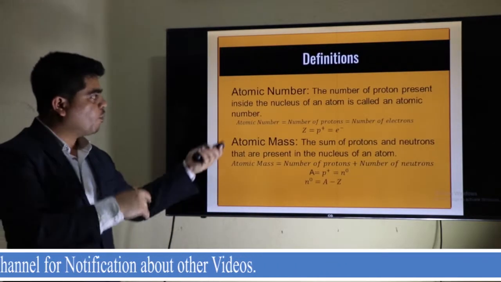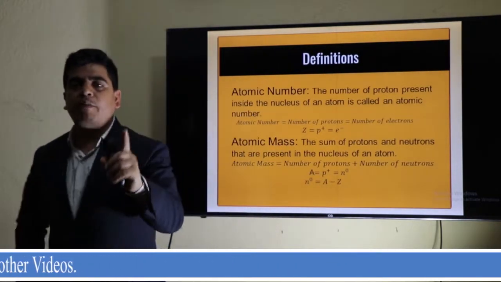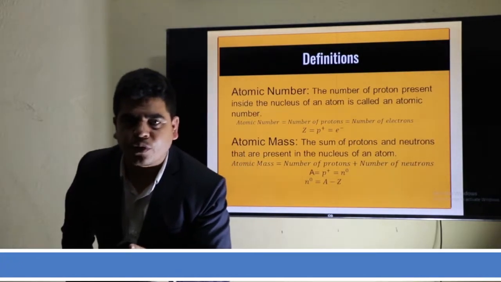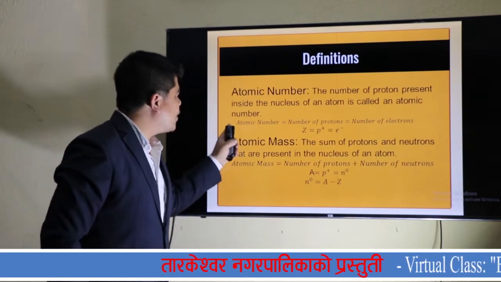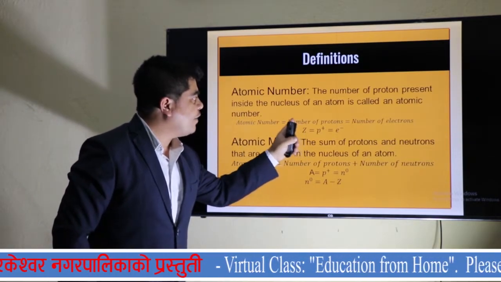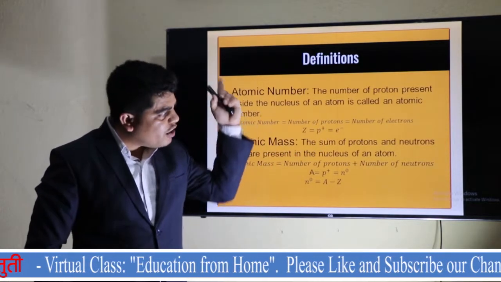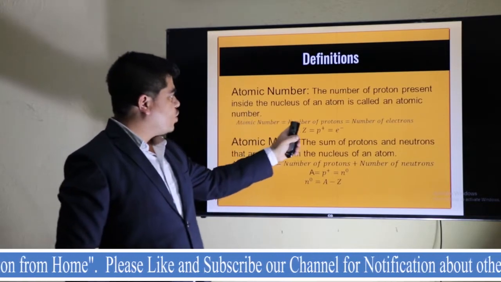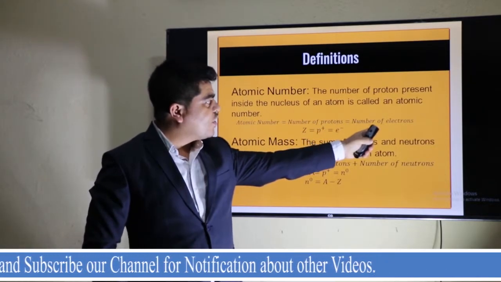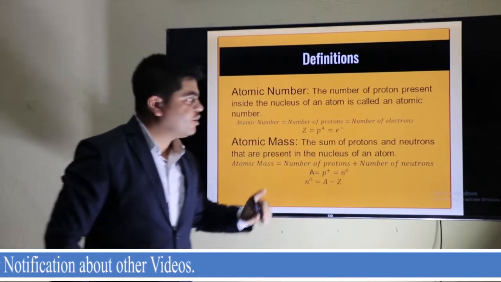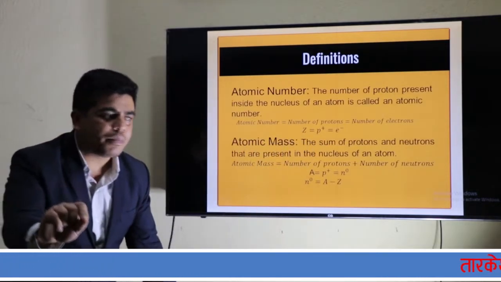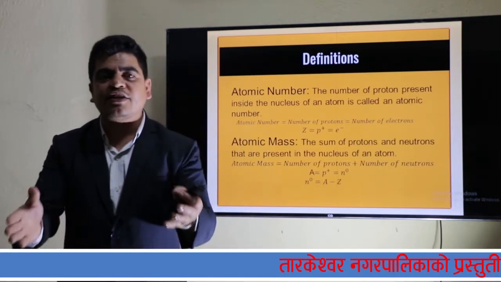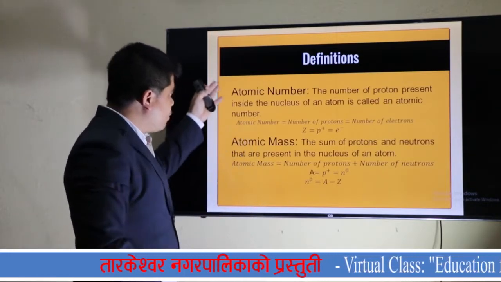So atomic number is equal to the number of protons, which is equal to the number of electrons, where we symbolize the atomic number as Z, the number of protons as p⁺, and the number of electrons as e⁻. The number of protons present inside the nucleus of an atom is called the atomic number.